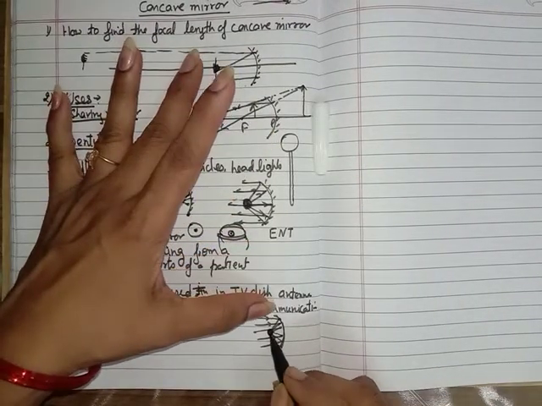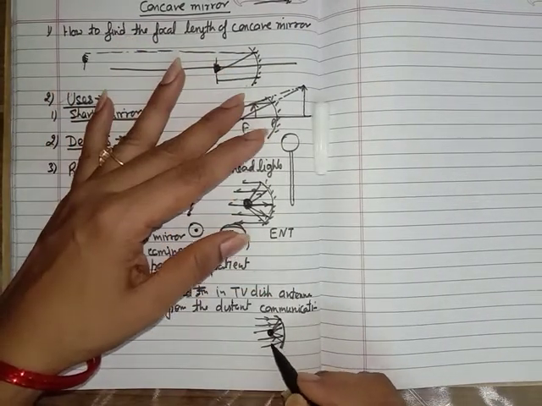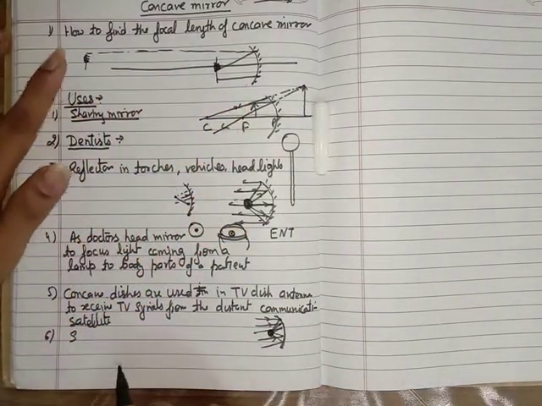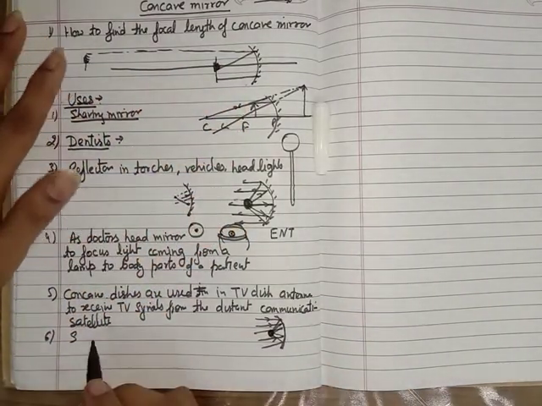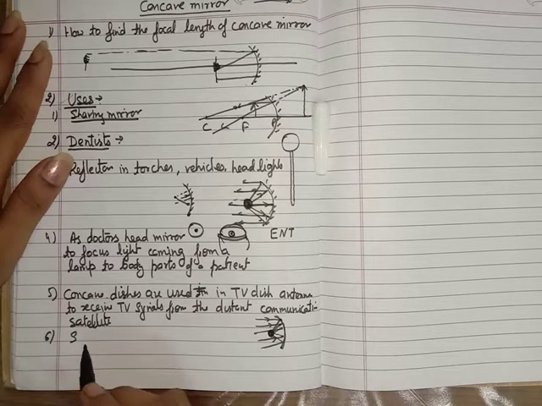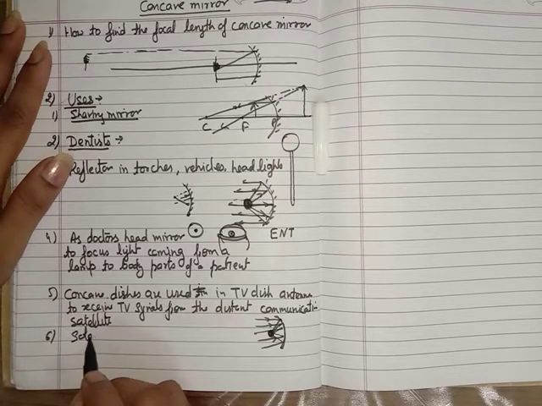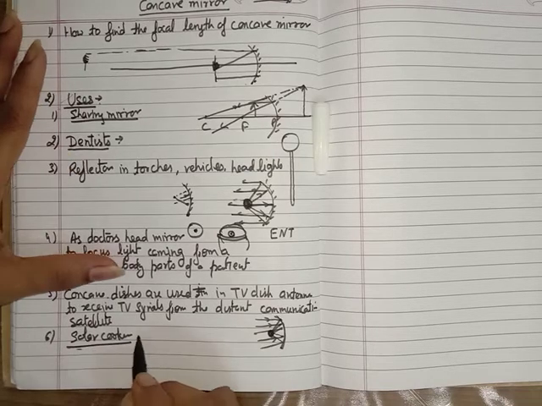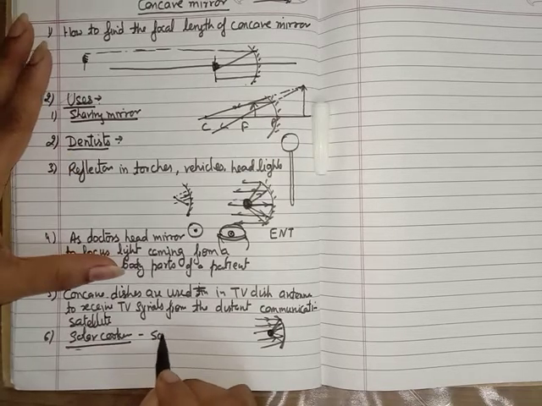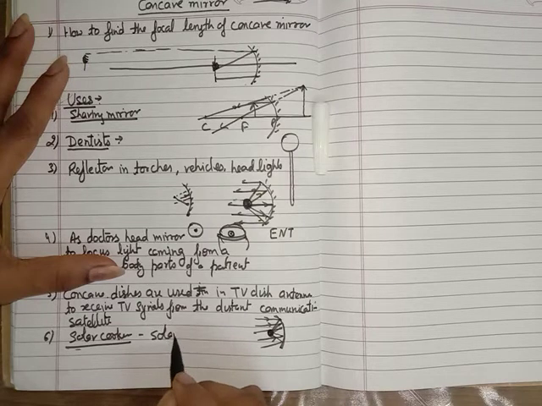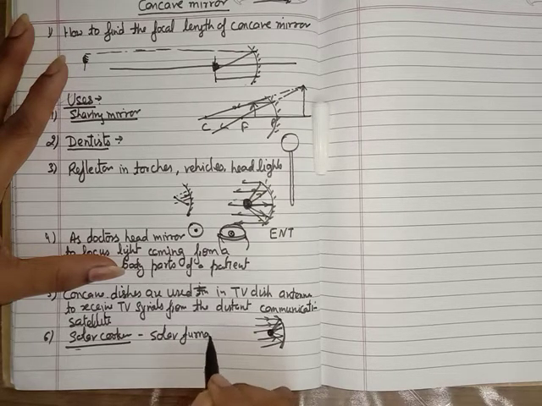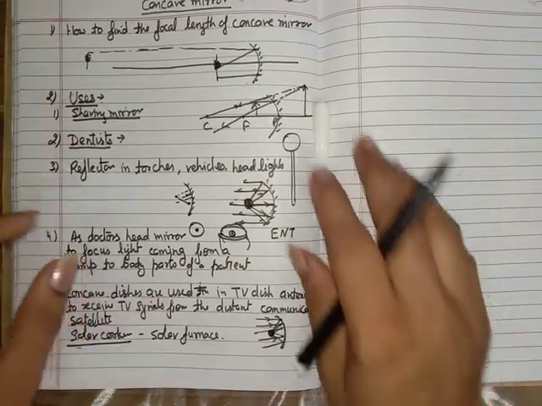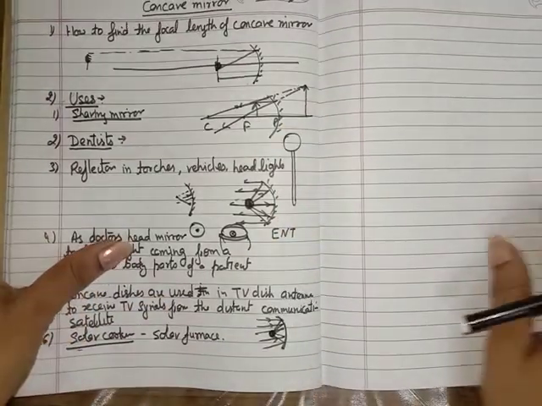The temperature is so high that we can even melt different metals here. So we can use the concave mirror in the solar cooker, or we can say we can use the concave mirror in a solar furnace. Okay, these are the different uses of the concave mirror.